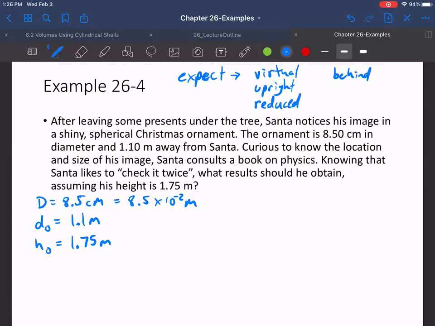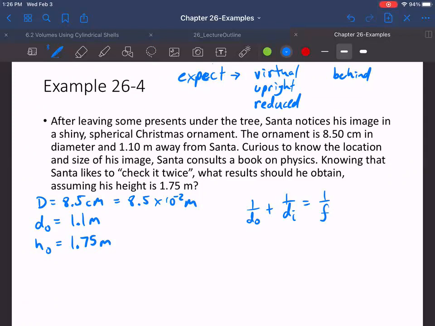So let's look at this. We need 1 over D0 plus 1 over DI is 1 over F. We don't have F. How are we going to get F? Okay, how are we going to get the radius?